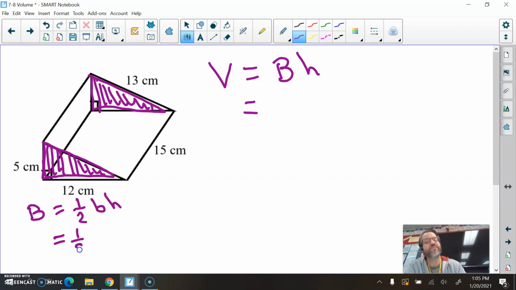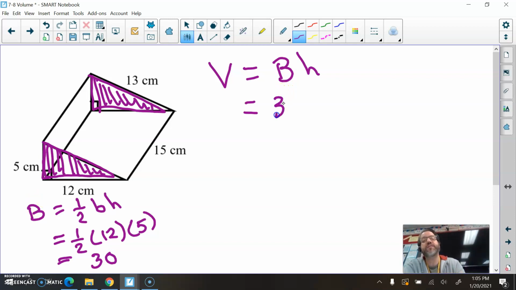So we have 1/2 times 12 times 5. If you were using a calculator, you could just type 0.5 instead of 1/2. 0.5 times 12 times 5. And that would give you the answer here for the area of the base. Otherwise, you could take half of 12, which is 6, and take 6 times 5. That works great. It equals 30. So we have 30. That's the area of the base.